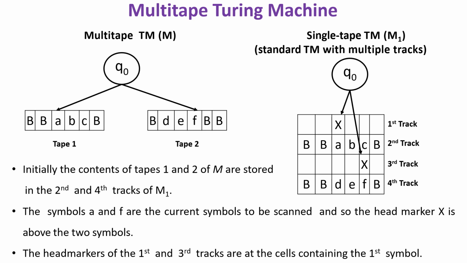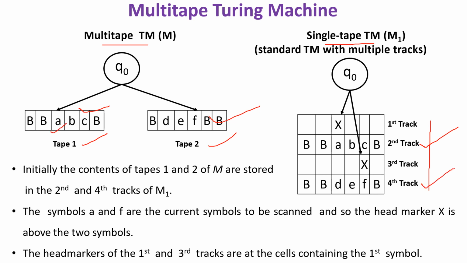Let us see how we can simulate a multi-tape Turing machine on a single-tape Turing machine. Here we have a two-tape Turing machine which is simulated by a single-tape Turing machine with 4 tracks, where tape 1 content is stored in the second track and tape 2 content is stored in the fourth track.